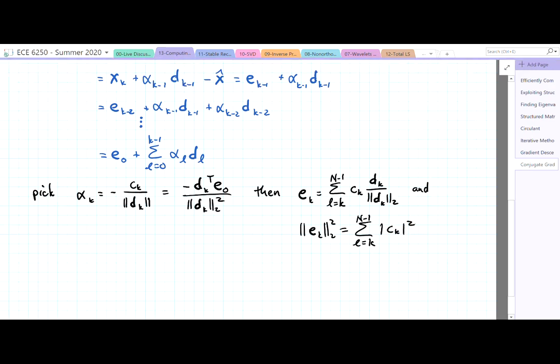So as k increases, eventually we get down to en equals 0. Okay, but we made a lot of assumptions along the way. You can see that some of them might be okay. But one of the big assumptions is we don't know the initial error.